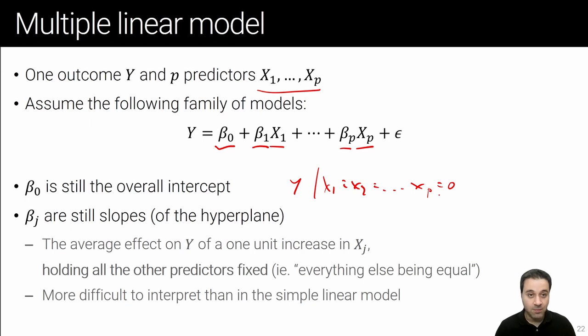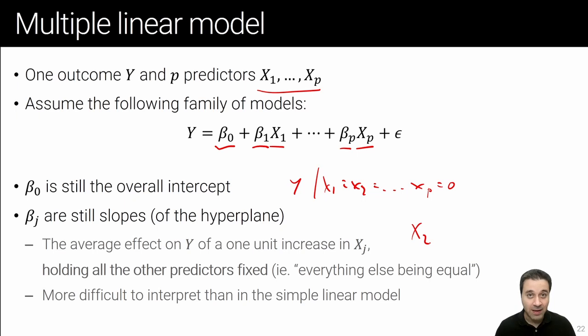And then these betas are still slopes. They are slopes in a hyperplane. We're going to see an example now. And what they're telling us is what is the average effect on y of having a unit increase in the specific coefficient. So if we increase, let's say, x2 by 1 unit, what is the average effect on the response, maintaining everything else fixed, maintaining all the x1, x3, x4, etc. fixed at the same value.